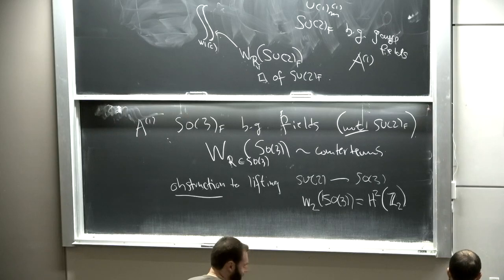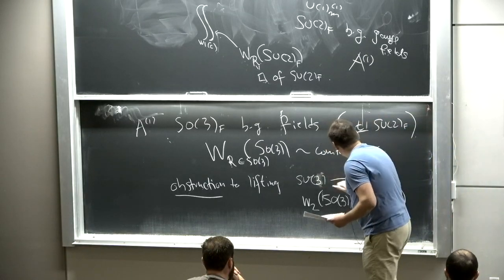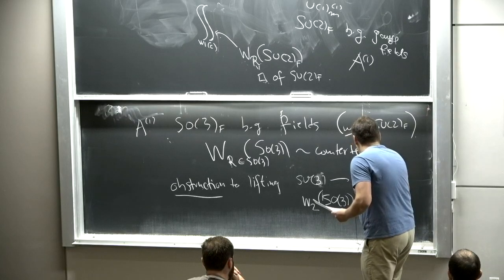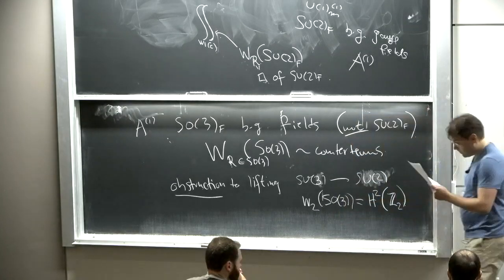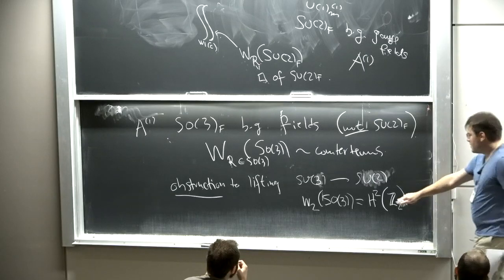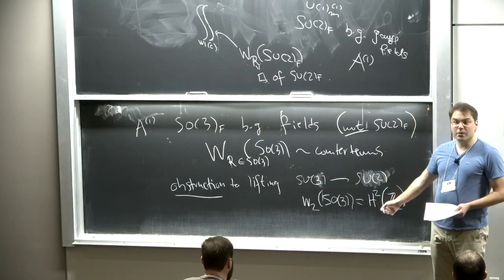Is that the other way? I'm sorry, this is the central point. Yes, you're absolutely right. Very good. So this is a Z2 valued gadget, which is in H2 with coefficients of Z2.